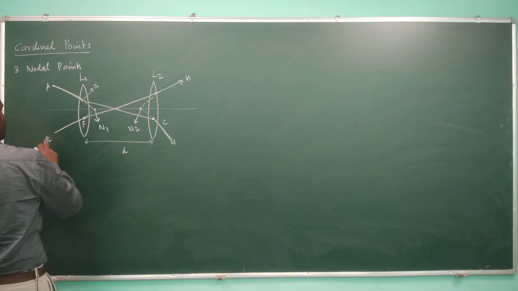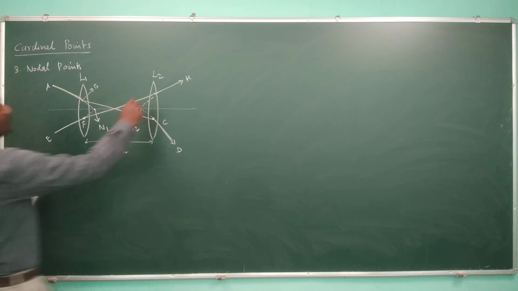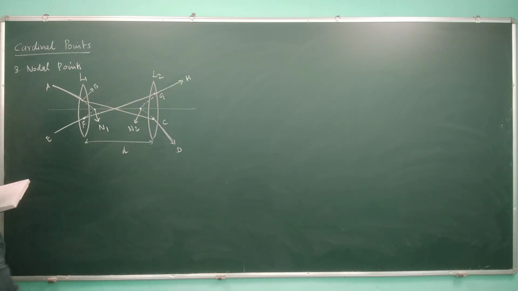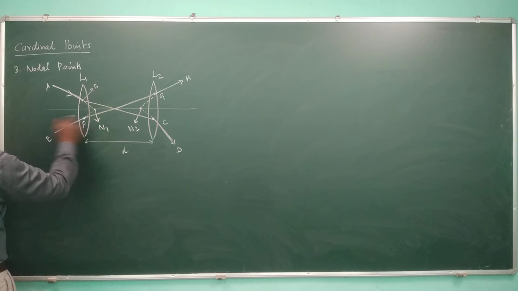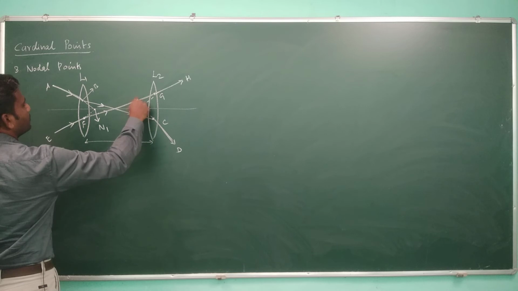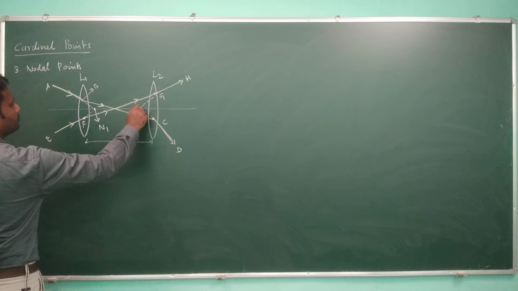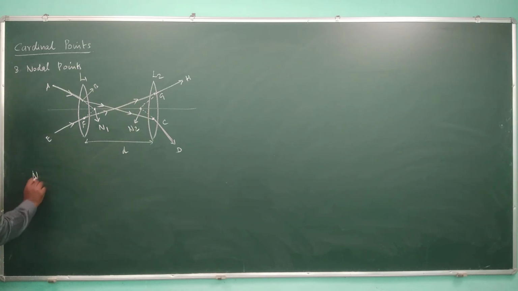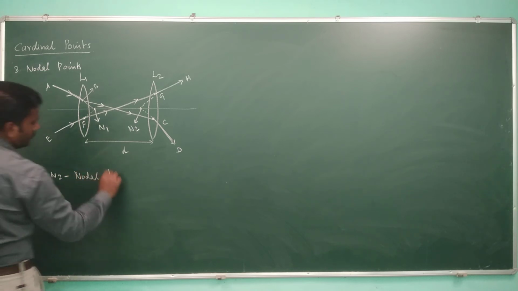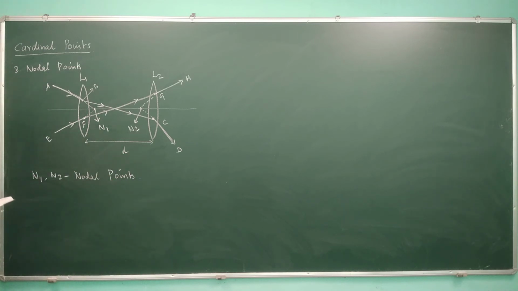The same is true for the ray E and the ray D. Now these 2 points, N1 and N2, are called nodal points, right?